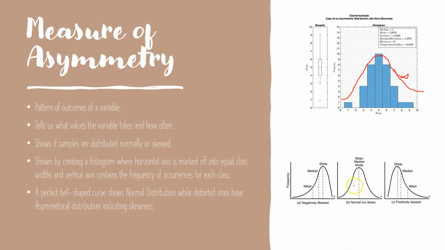And normal means no skew. Positive skew means that you had higher, more instances of your numbers in this lower setting. Those were highly frequent, and the other numbers were less represented. Negatively skewed would mean that your higher numbers were more represented and the lower numbers were less represented.